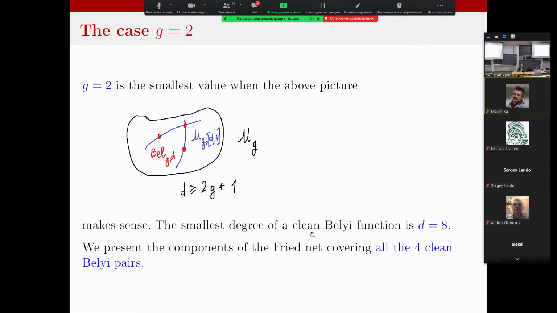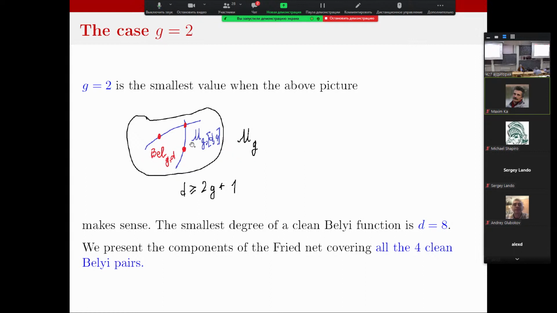So, now what is special with the case of genus 2? In fact, it's just the smallest value of genus when this picture makes sense at all, because in smaller genera, nothing like this can be drawn. The genus 1 is very interesting, but the moduli space is one-dimensional.